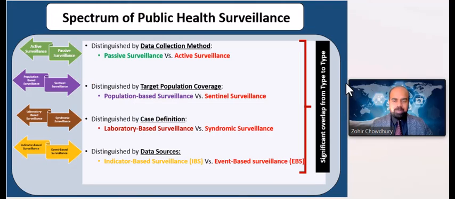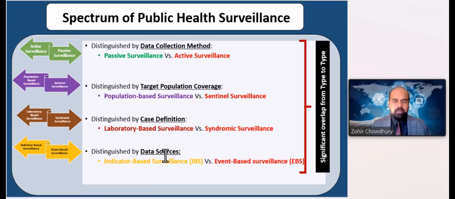So the spectrum of public health surveillance can be categorized depending on the data collection method. We talked about passive and active, target population coverage, whether it is population-based or sentinel-based, distinguished by the case definition, through laboratory-based surveillance as well as syndrome-based case definition, which is syndromic surveillance.